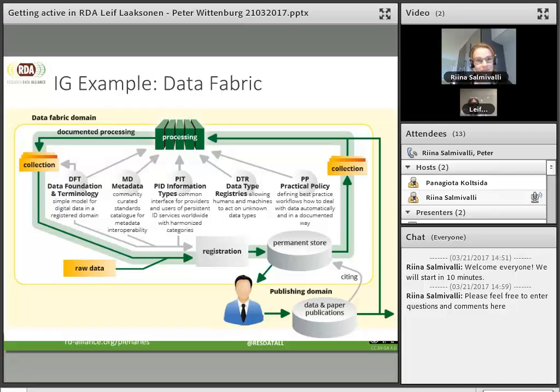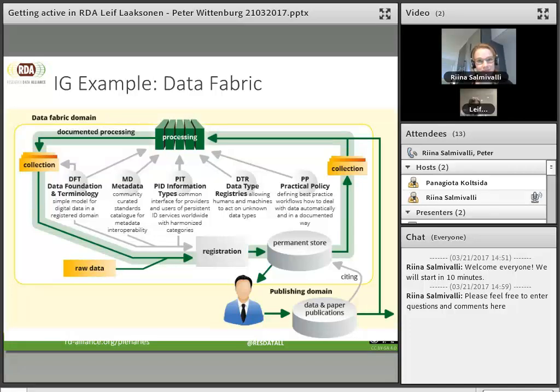Basically they look from the bottom part, the publishing domain, from the end product of the whole cycle, some data publication, and look back from that part to the workflow. We look through the cycle and deal with workflows which happen in the cycle, and look from there also a bit to the publishing requirements.